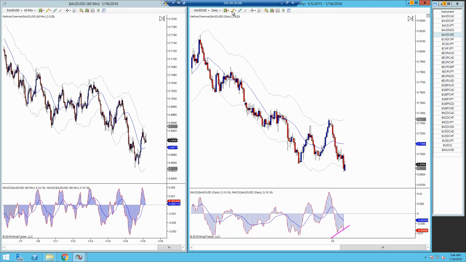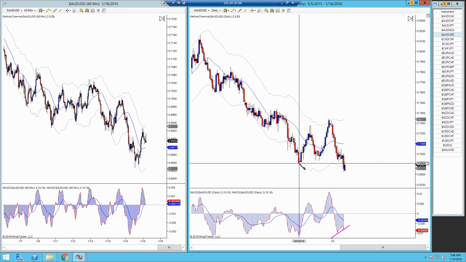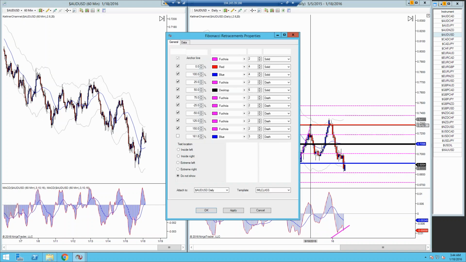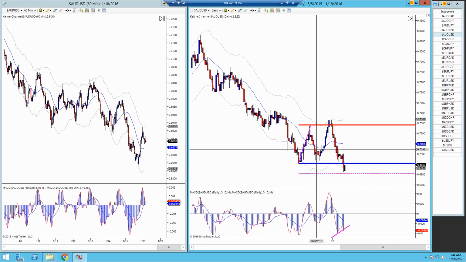All right, let's look at two things. Let's look at number one, the retracement value from here to here. This is called a 127.20 extension.